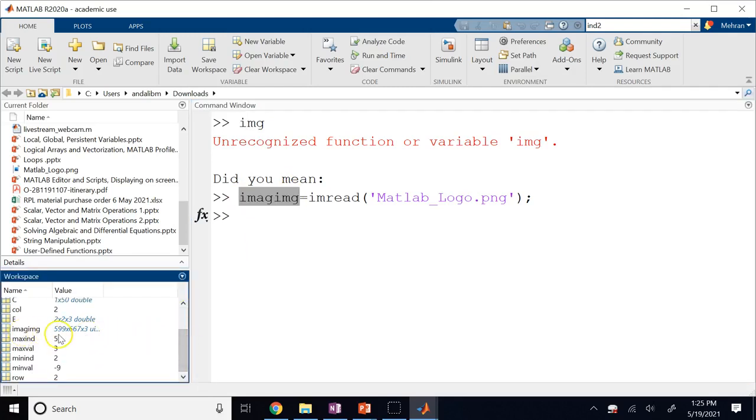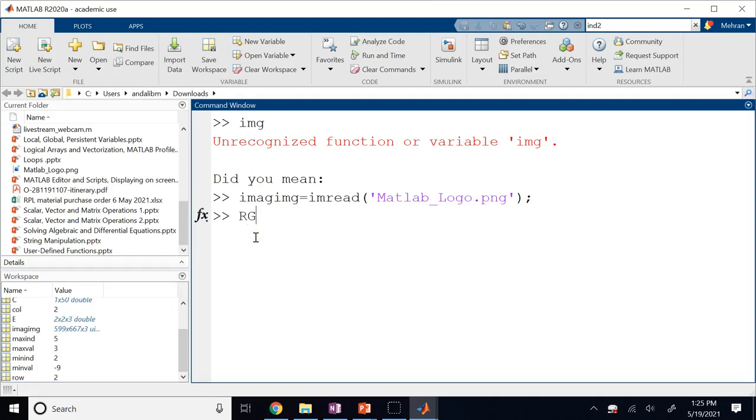If you look at this variable, it's 599 by 667 by 3. Why? Because it has 3 dimensions. Each one of them is either the red, the green, or the blue values of that image. You know, images, we call them RGB, red, green, blue values. And each plane of the image has 599 by 667 pixels. If you want, I can show you that image now using the command imshow.